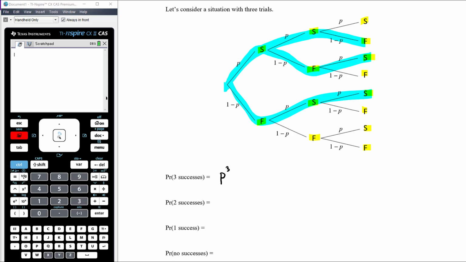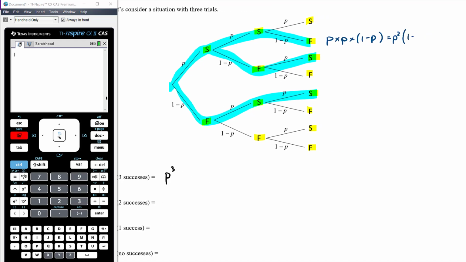Now, what we notice here is because of the condition in the Bernoulli sequence that the probability remains constant, each of these branches is going to be the same probability calculation. So if we look at that first branch, success, success, failure, that would be P times P times 1 minus P, which we could just write as P squared times 1 minus P. The second branch is P times 1 minus P times P. So that's the same probability.